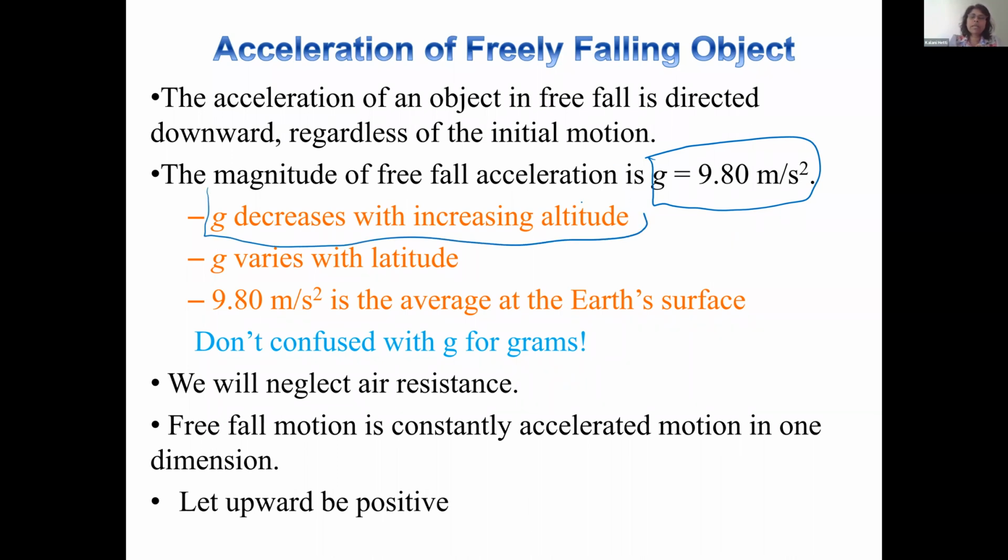We're going to talk about that in the universal gravitation chapter or circular motion chapter in more detail, and g varies with latitude. Also, in our calculations, we're going to take it as a constant, that is 9.80. Okay, so don't confuse this: g is gravitational acceleration, not grams.